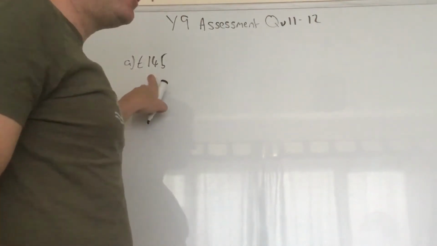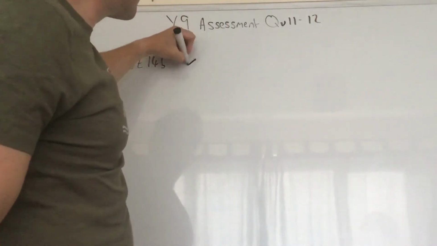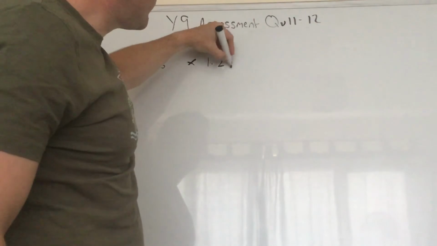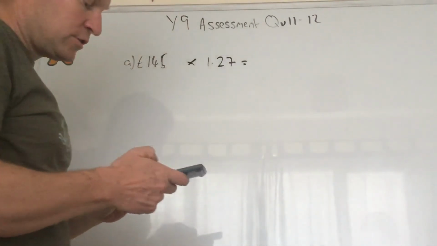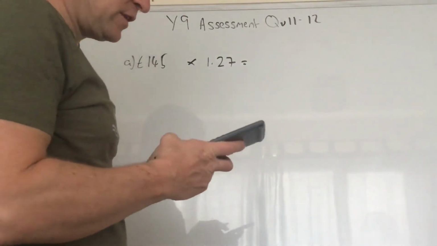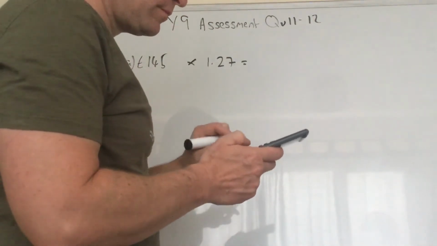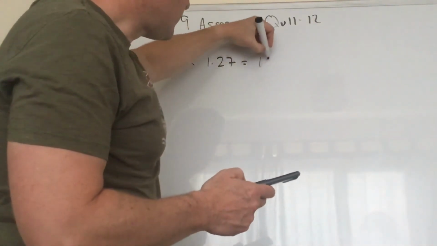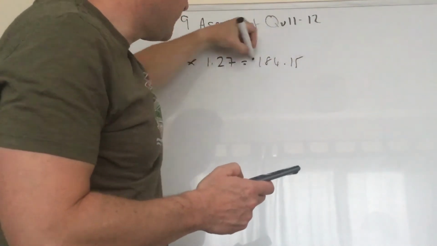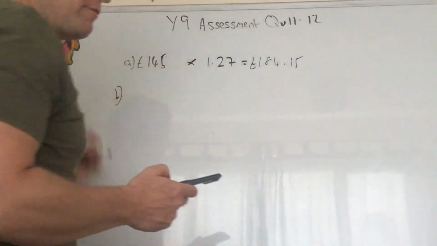So we need to increase that by 27%, so we times by 1.27. So 145 times 1.27, and I get £184.15. Most people find that.